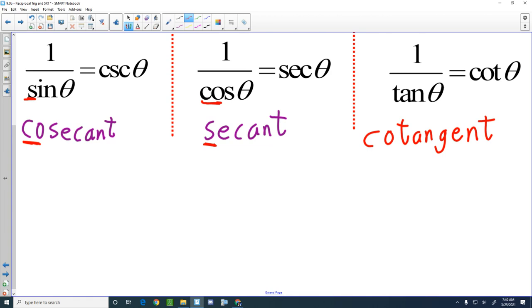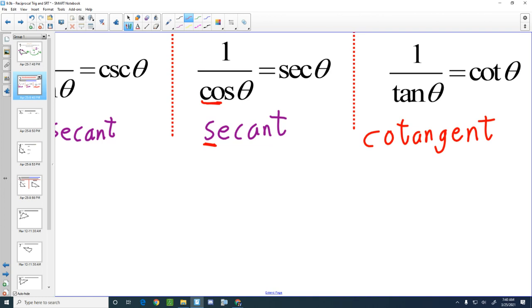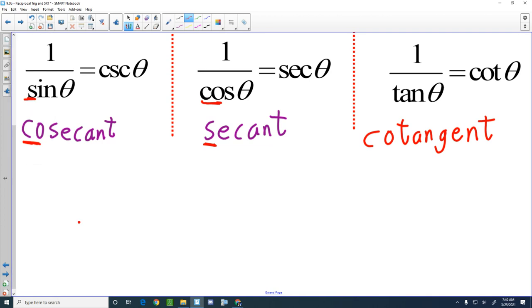So as far as these ratios, do you remember, let's think back to SOHCAHTOA. Sine, that was SOH. So if sine was opposite over hypotenuse, what do you think cosecant is?